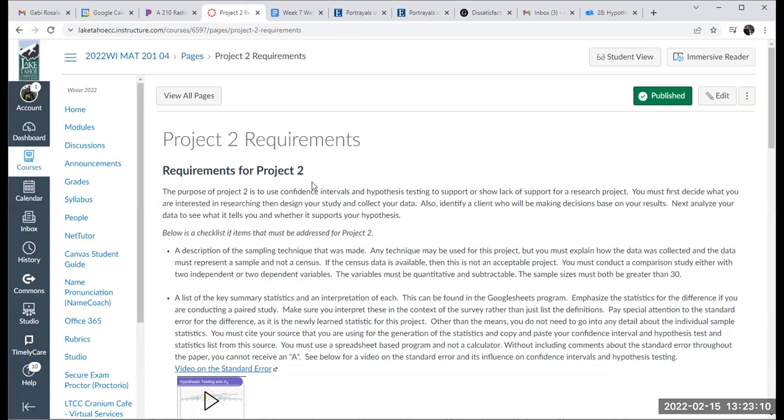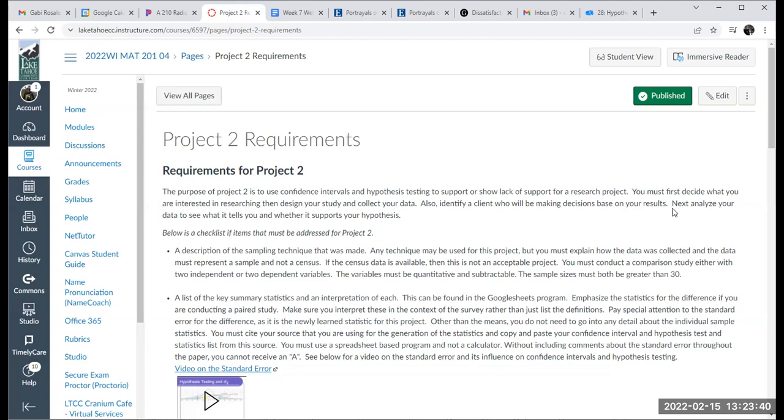Okay, so once you've identified the client, the next thing, it says next analyze your data, but that's much later actually. The next thing you're going to do is run a hypothesis test. What's the first step in running a hypothesis test? Yes, state the hypotheses.